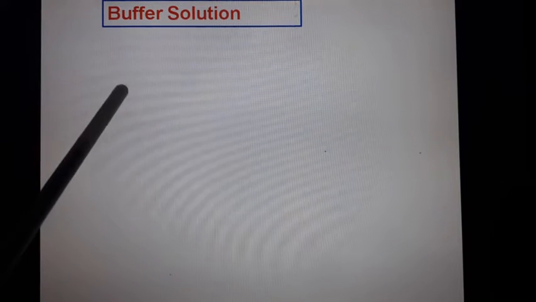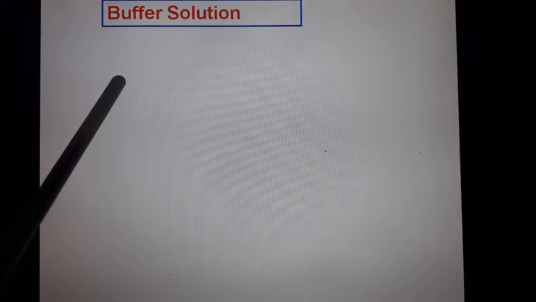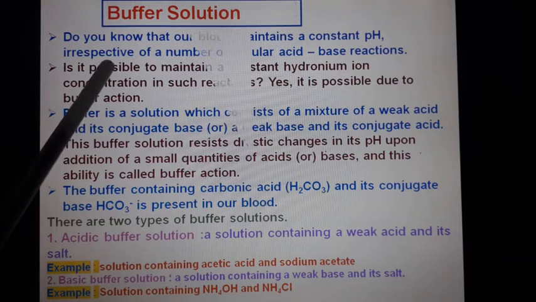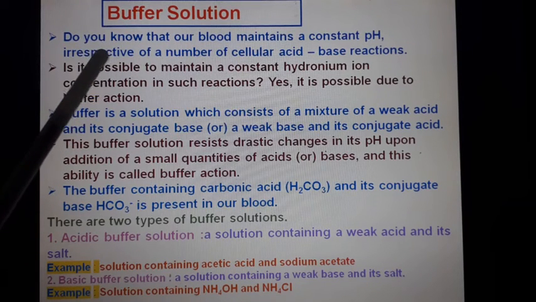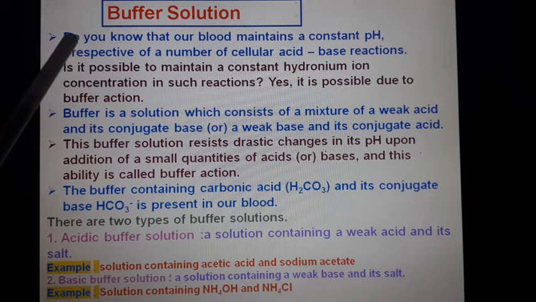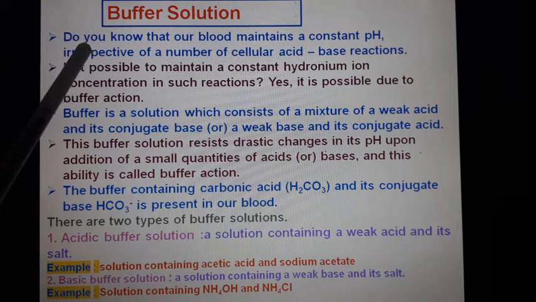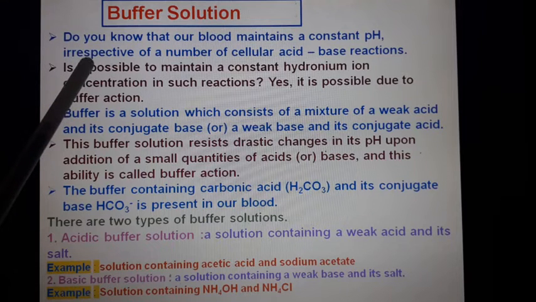Next concept, the buffer solution. What is a buffer solution? In general, our blood maintains a constant pH irrespective of the number of cellular acid-base reactions.